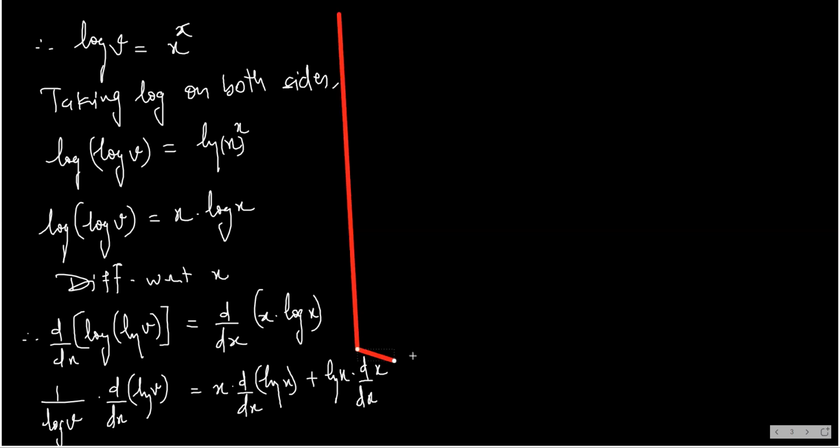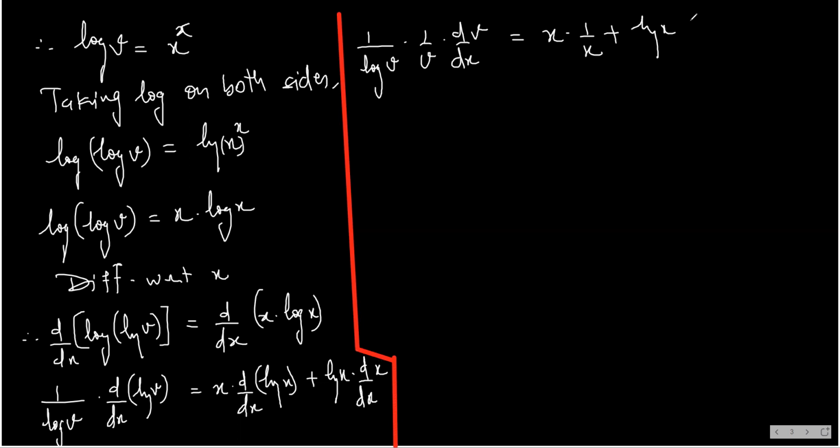It will now become 1 upon log v d by dx of log v is 1 upon v d by dx of v, equals x into 1 upon x d by dx of log x plus log of x into 1.